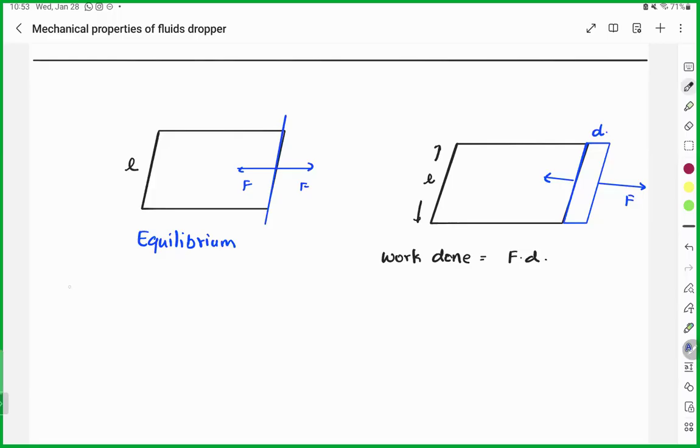Which symbol do you use, Jordan, for surface tension? Is it T? Surface tension T, force acting per unit length. T for tension, yes sir.